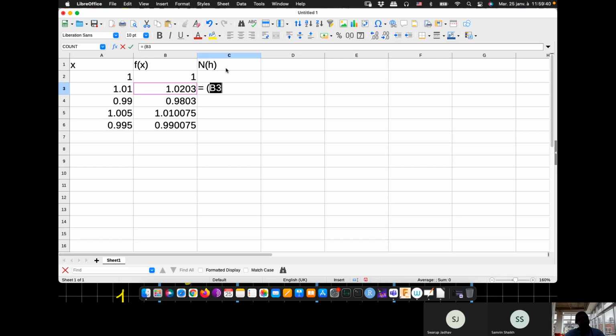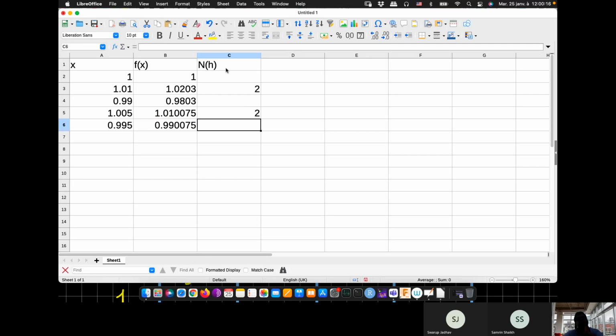I am going to calculate this value minus this value, divided by 2 into h, that is 2 into 0.01. So this gives me my N(h). Again here, I'm going to calculate this value minus this value divided by not 2 into but 0.01, because it is h by 2.